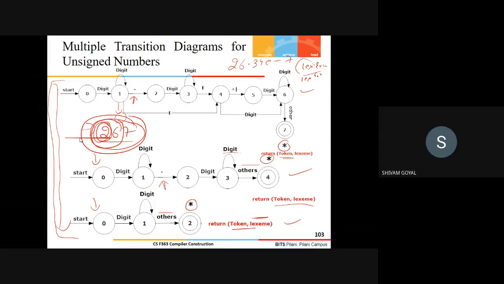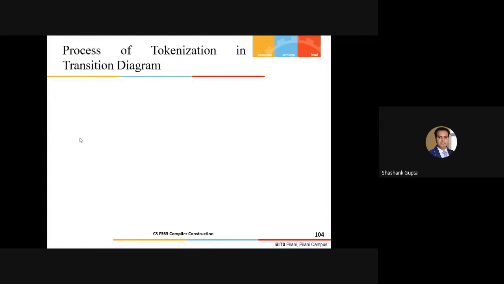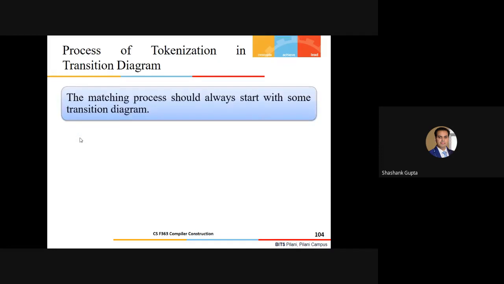Okay, sir. So guys, let us summarize a few things from this important notion. In the process of tokenization with transition diagrams, the matching process should always start with some transition diagram, considering any precedence order.